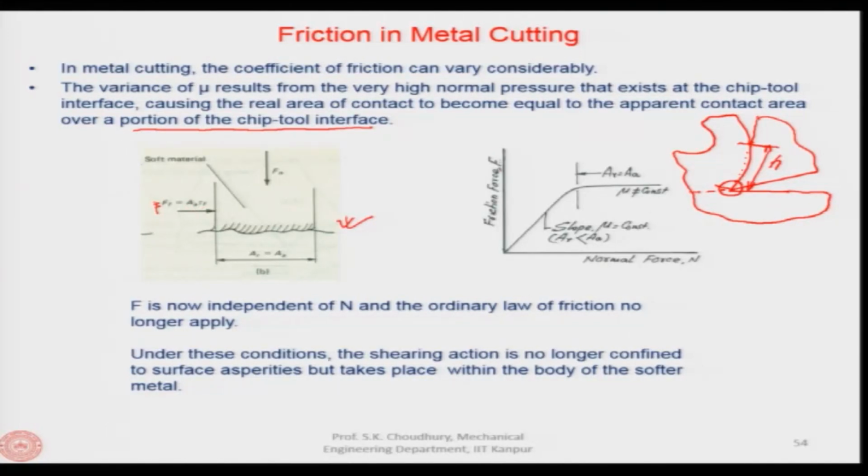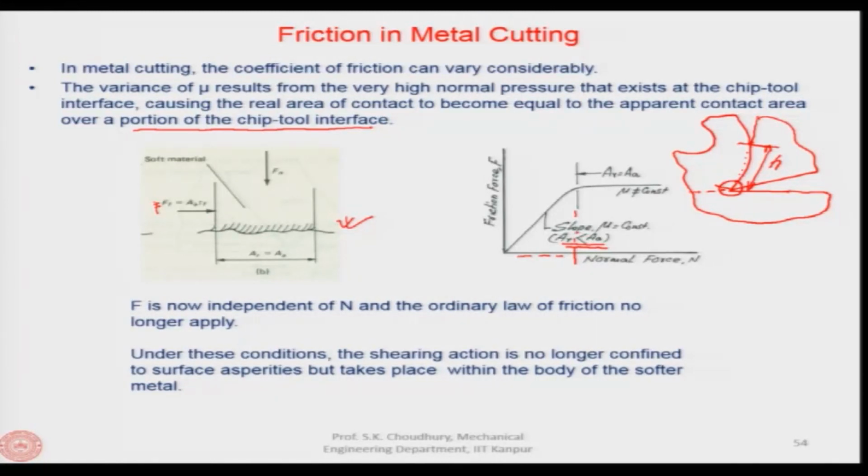Now, if we draw the curve between normal force N versus friction force F, the curve goes like this. This can be explained as follows: as the normal force increases, up to a certain point the real area of contact is not equal to the apparent area of contact. There the rules of sliding friction apply, and mu remains constant, because the real area of contact is still less than the apparent area.